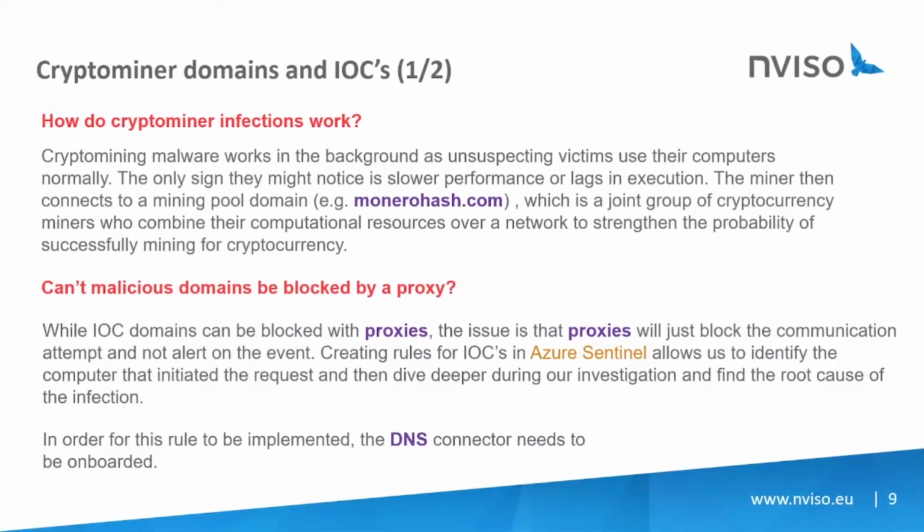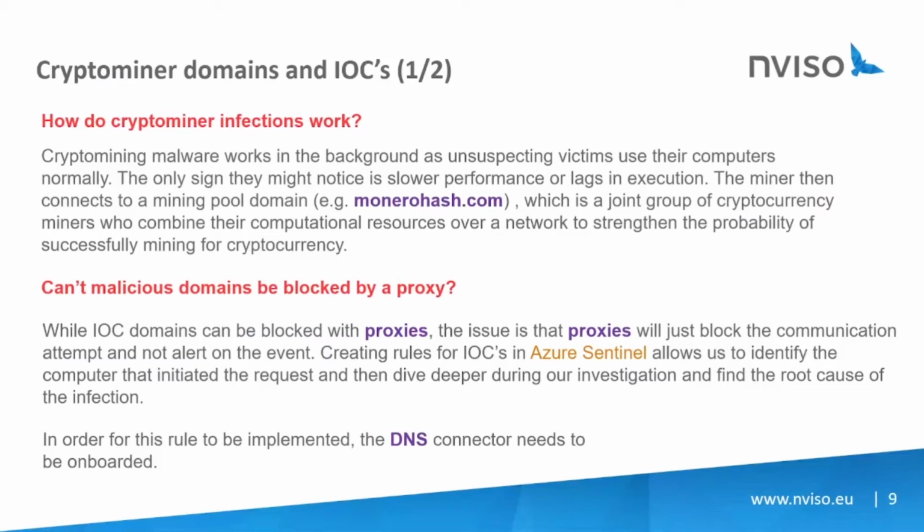So moving on, another similar example, crypto miner infections. So how do crypto miner infections work? Well, when you get infected from a malware that then downloads the crypto mining component, you basically communicate to a public mining pool, which is just a domain.